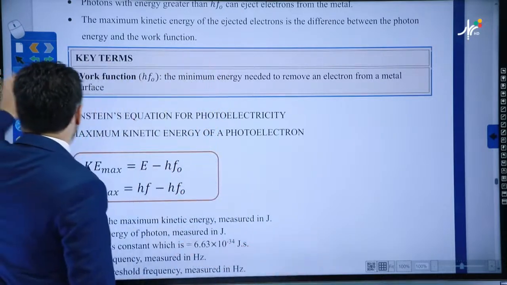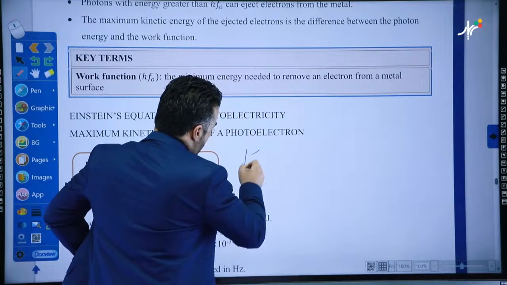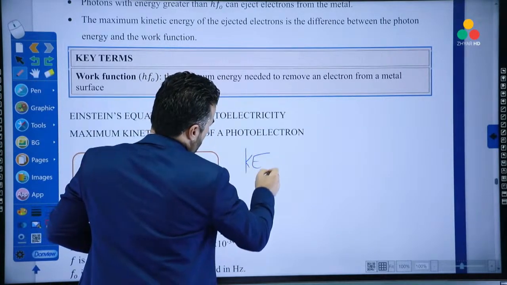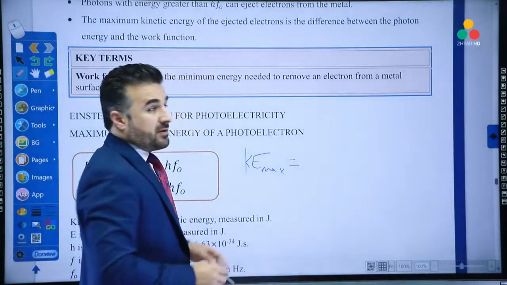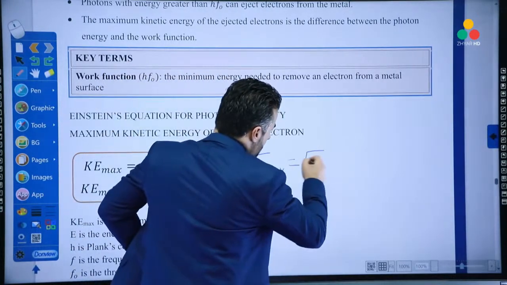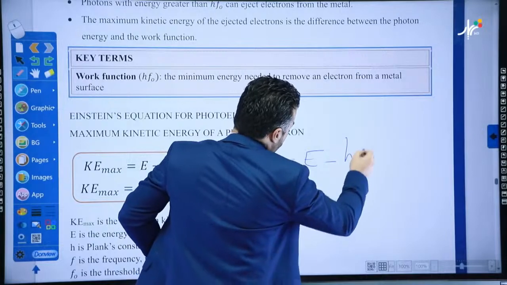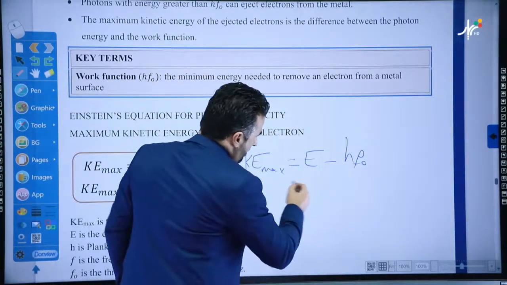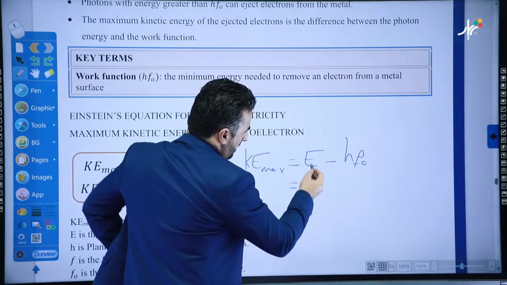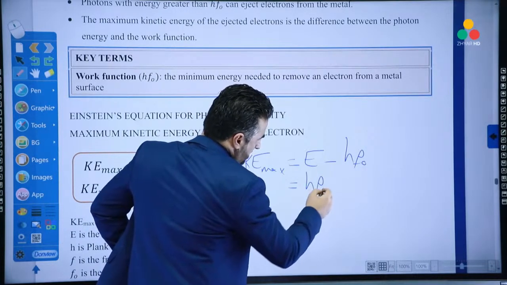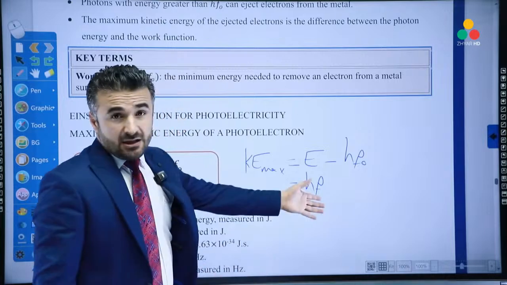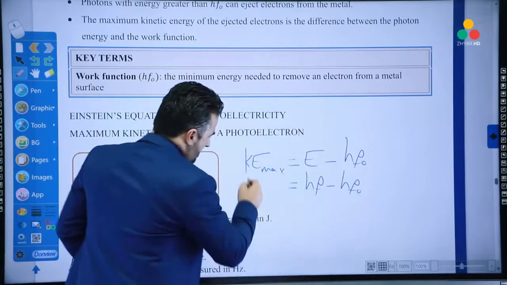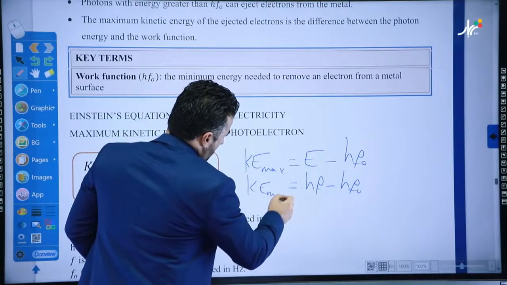So maximum kinetic energy is the difference between the energy of the photon and the work function. We say work function is basically h f naught. The energy of the photon is h, Planck's constant, times the frequency of the incident wave, minus h f naught. So this is basically what maximum kinetic energy is.